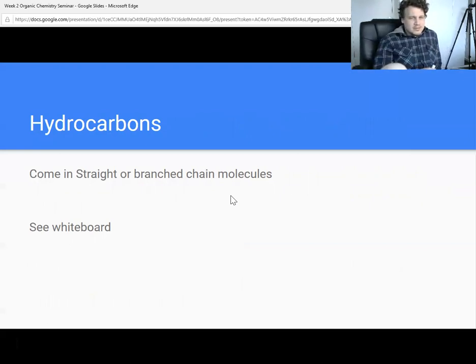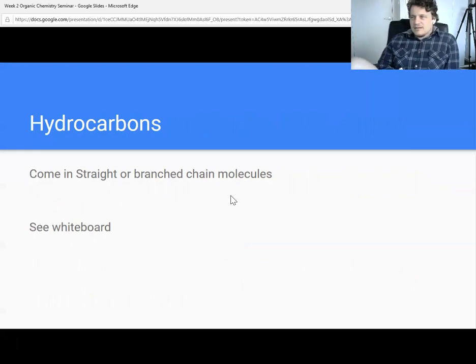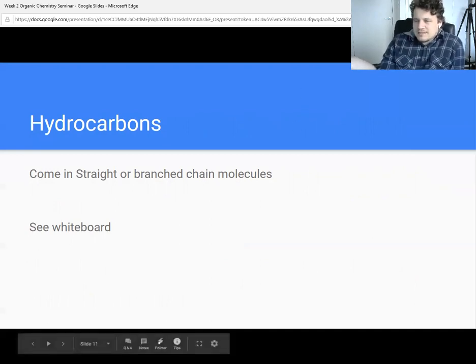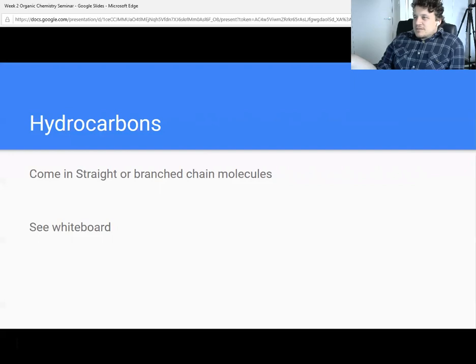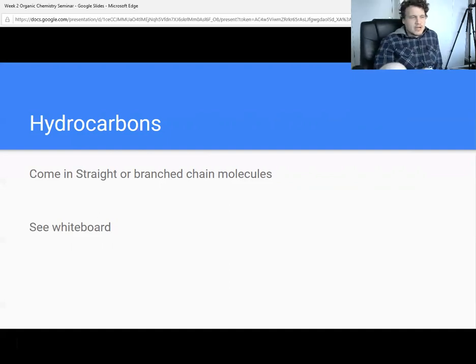So hydrocarbons. Hydrocarbons are our fuels. I'm sure you've heard that. We produce plastics, we produce pharmaceutical drugs, we produce a never-ending list of things. We produce hydrogen for use in green fuel cells from methane, which is a hydrocarbon, which seems a little counterproductive.